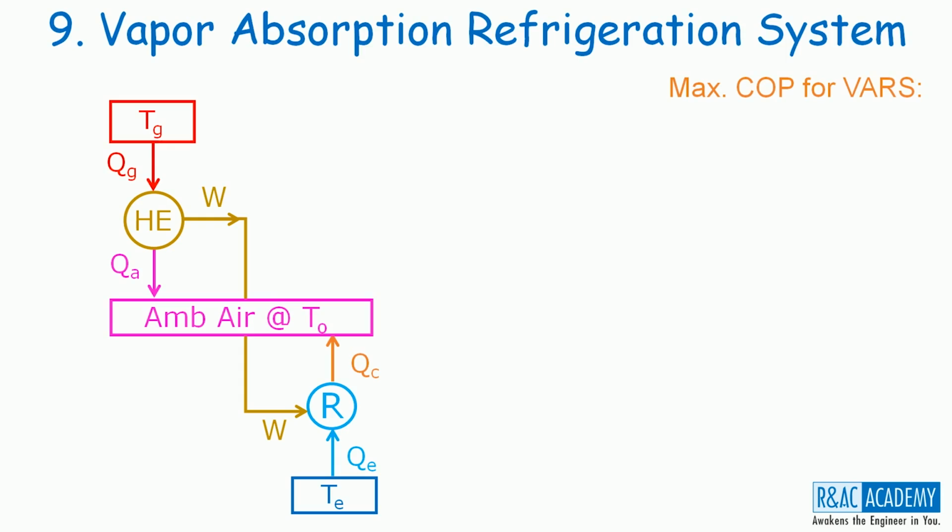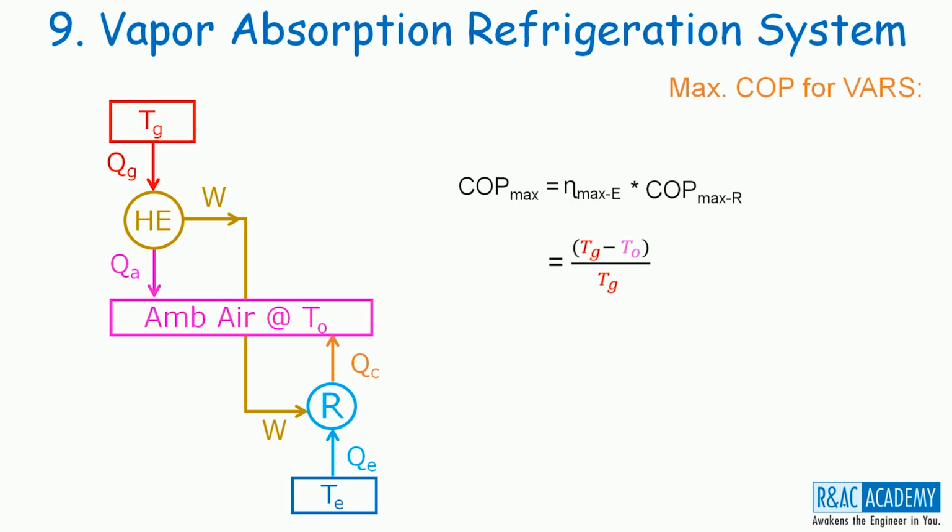And for this system, the maximum COP which could be visualized is equal to the maximum efficiency of the heat engine multiplied by the maximum COP of the refrigeration system. We know that the maximum efficiency for heat engine will be Carnot efficiency only, and in this case it is equal to TG minus TO divided by TG.